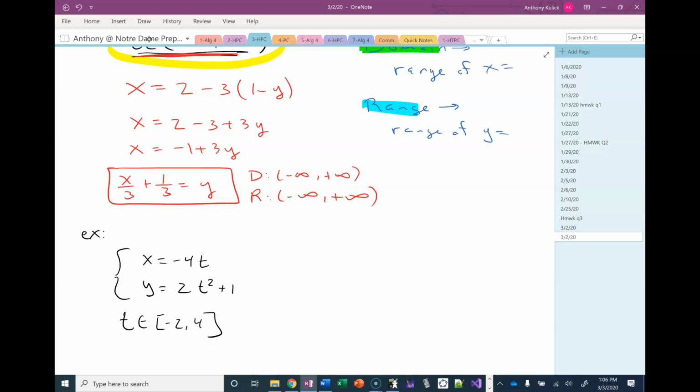I need to eliminate a t. So I need to solve one of these equations equal to t. Which one would be the easier one to do that to? The first one. Why the first one? Yeah, because there's not a squared, right? The squared makes that really kind of a pain. Everybody's okay with that?